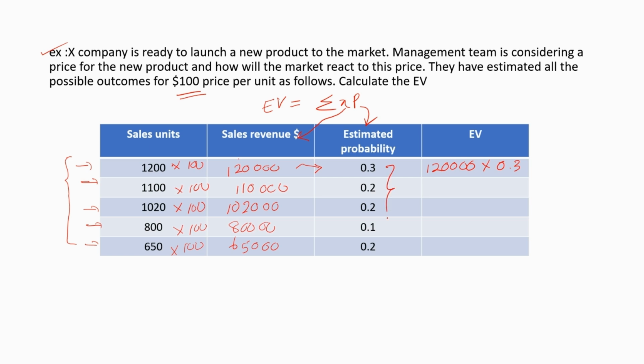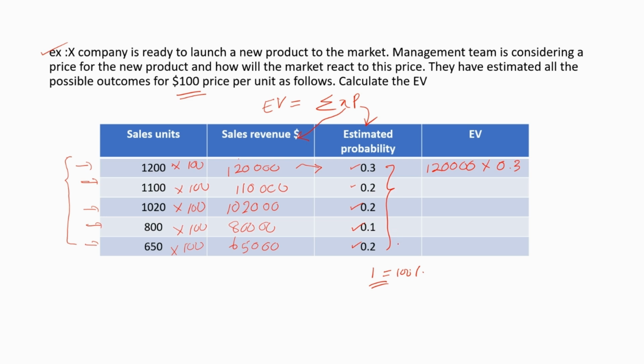So these probabilities should equal 1. Let's calculate and see if the summation of these probabilities is equal to 1. 0.3 plus 0.2 is 0.5, 0.7, 0.8, 1. So they have considered all the outcomes. This 1 means 100%.